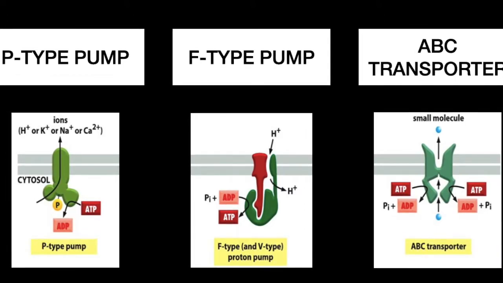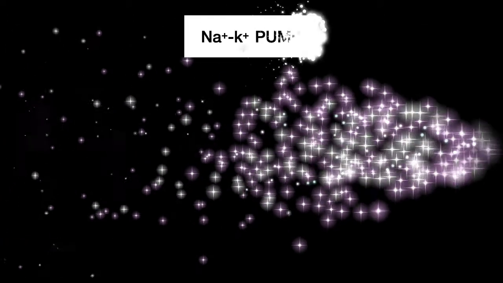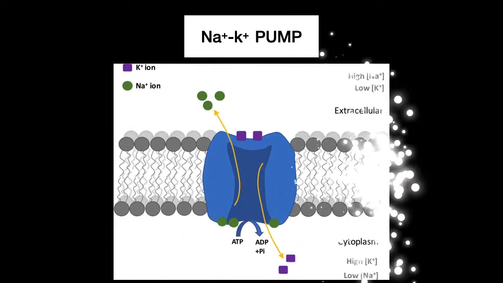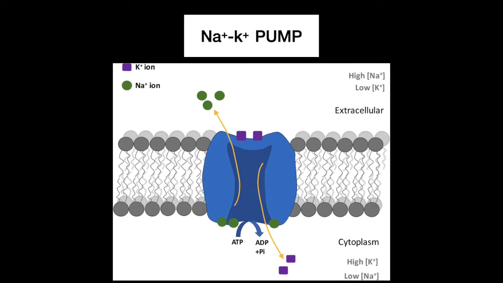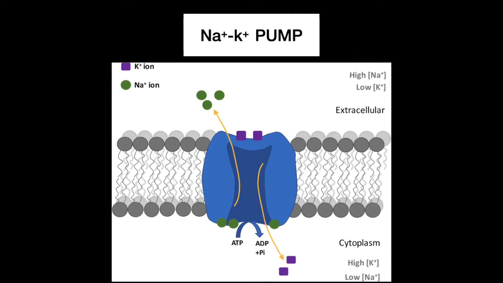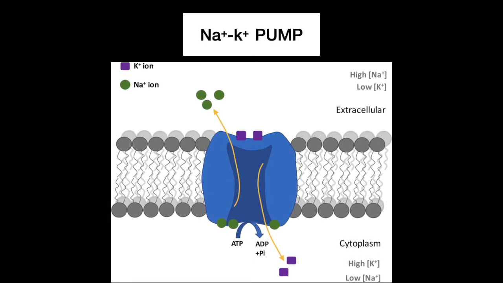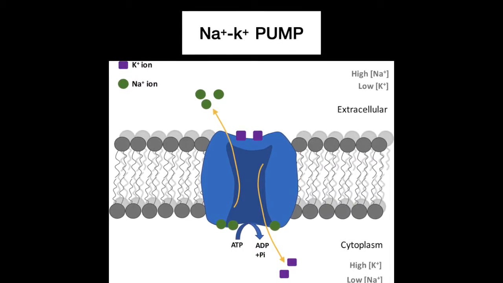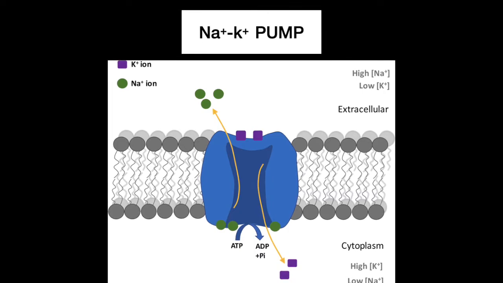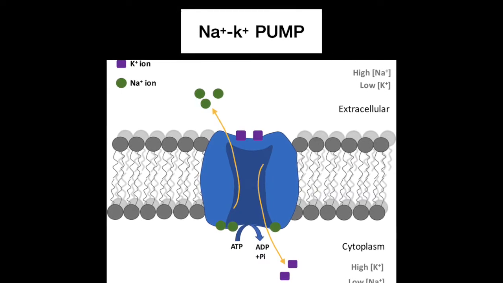Now, let's know about the sodium-potassium pump. As you can see in the figure, the concentration of potassium is typically higher inside cells than outside, whereas the reverse is true for sodium. A sodium-potassium pump or sodium pump found in the plasma membrane of virtually all animal cells maintains these concentration differences.